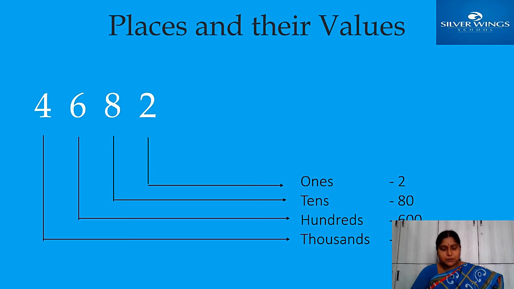Next, 8 is in tens place. The value of 8 is 80. Next digit is 6. 6 is in hundreds place. The value of 6 is 600. Next, 4 is in thousands place. The value of 4 is 4000.